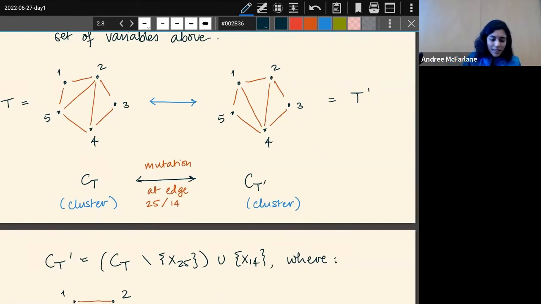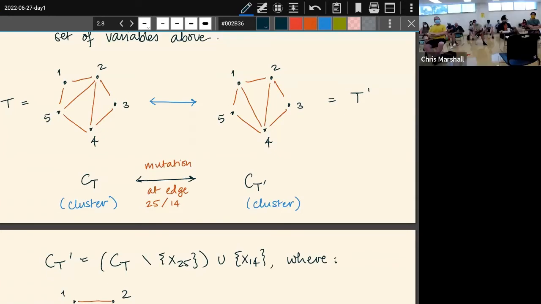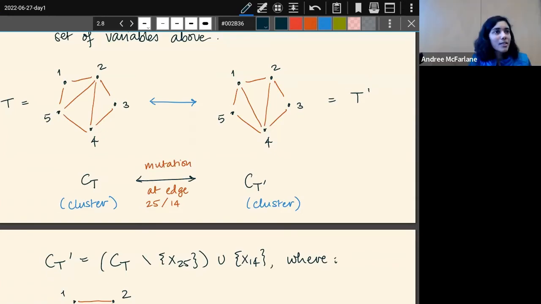Each cluster is part of the generating data. In this particular case, it turns out that if you apply mutations, you just get finitely many clusters, and that's not always going to happen if your mutation rule is sufficiently complicated. In fact, getting finitely many clusters is quite a special phenomenon.